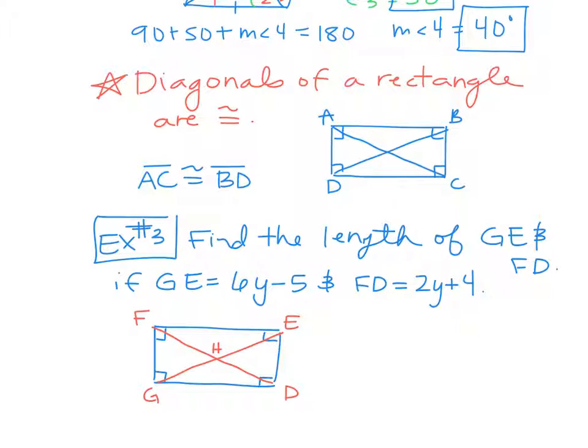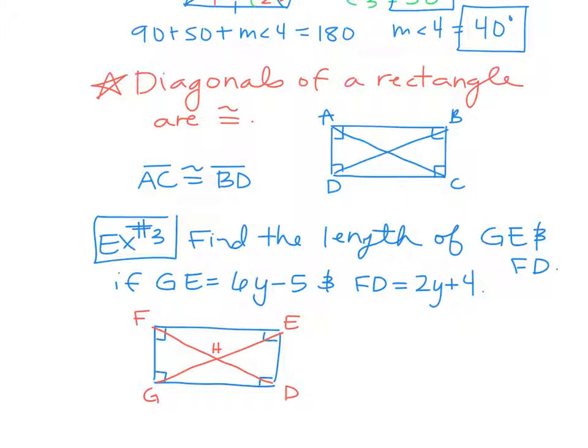Just a regular old parallelogram, nothing fancy about it. Not a rhombus, not a rectangle, just any parallelogram. The diagonals intersect, and what is that intersection point? It's going to be the midpoint, right?